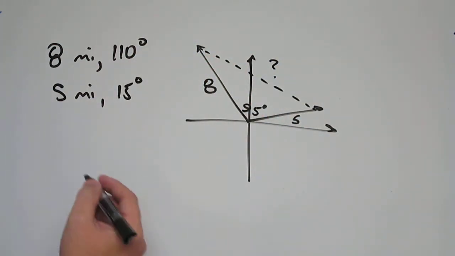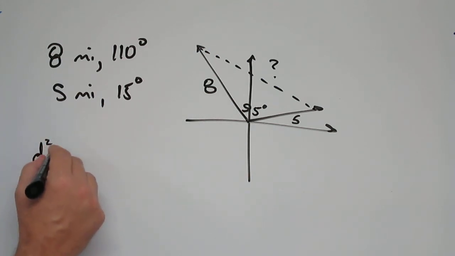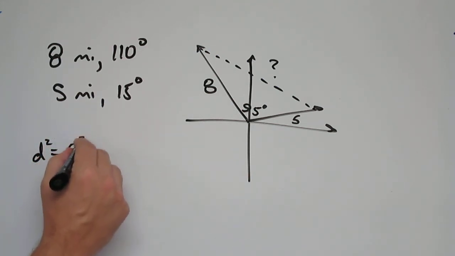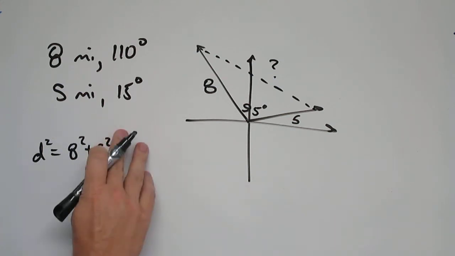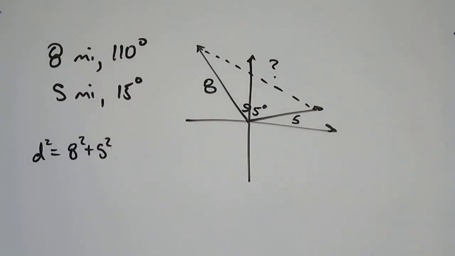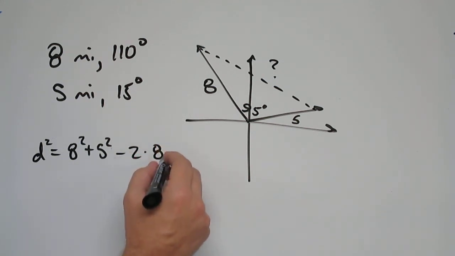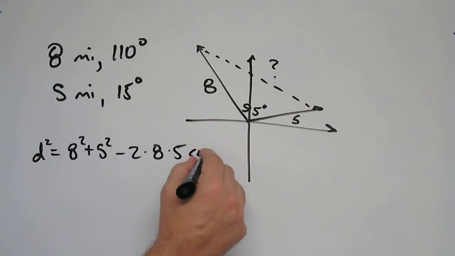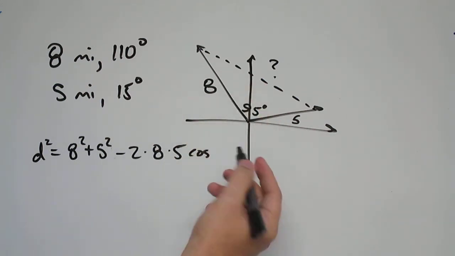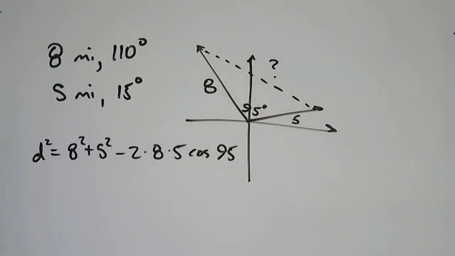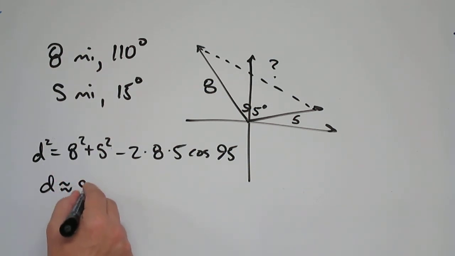Using the law of cosines, d squared equals a squared plus b squared minus 2 times a times b times the cosine of that angle. If I plug that all into my calculator and take the square root, I get approximately 9.8 miles. Yes, I skipped through all the hard math and just put that in the calculator.